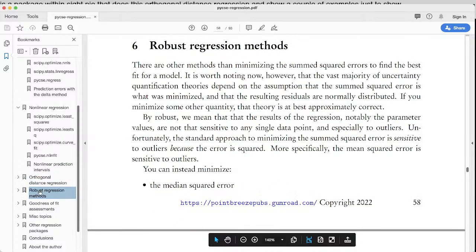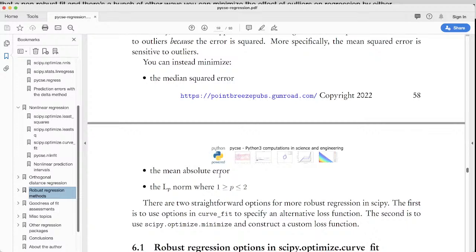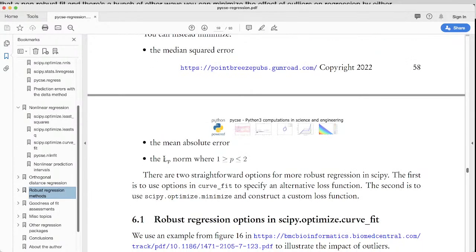Next, we talk about robust regression methods. So all of the examples before this were minimizing some squared errors, and if you have outliers, then because you square the error, outliers have a big effect on the fit, and so we call that a non-robust fit. And there's a bunch of other ways you can minimize the effect of outliers on regression by either minimizing the median squared error or the mean absolute error, or something called the LP norm, where P is between 1 and 2.